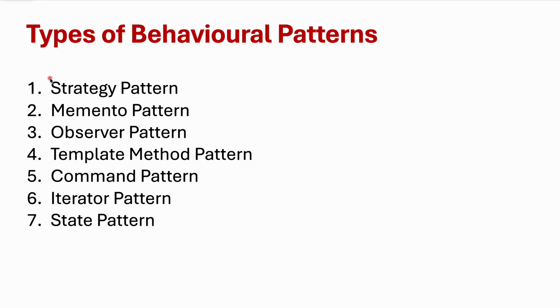We will discuss this in detail. For now, let's just get familiar with system design patterns and the categories of design patterns. Then the next ones are memento, observer, template method, command, iterator and state pattern.